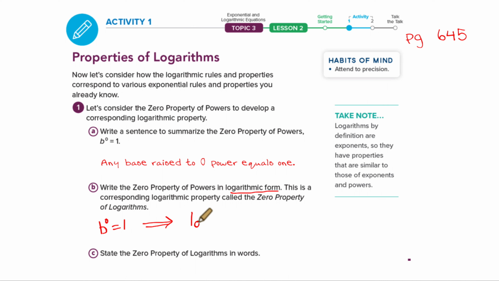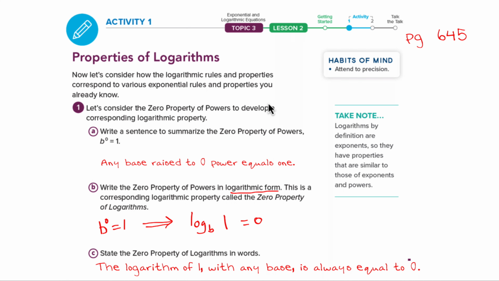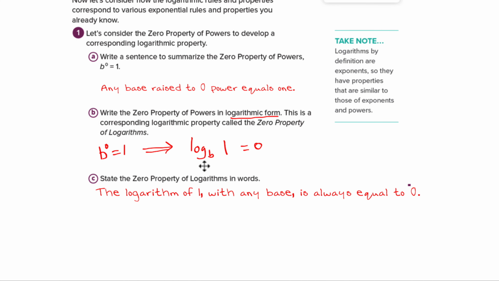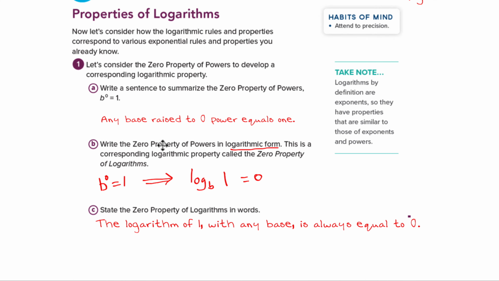So I would say log with a base of b, all right? And then it always equals the exponent, and then right here is called the argument. That's 1. So log base b of 1 equals 0. That's easy enough. And if I wanted to write that out in words, the logarithm of 1 with any base is always equal to 0. So log of any base of 1 is always going to equal 0.